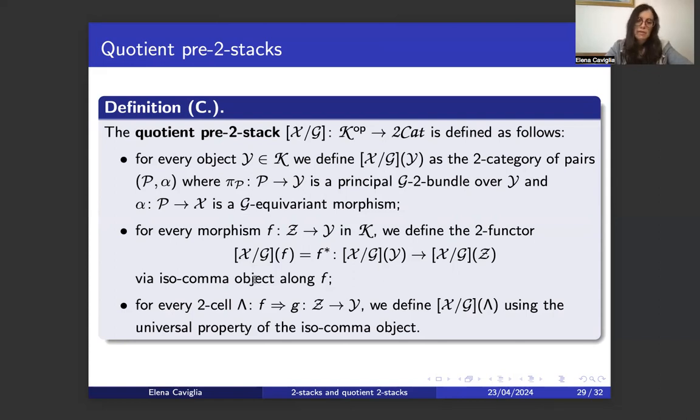And then for every morphism, we can define the action of X over G via isocomma object. And we can also define the action on 2-cells using the universal property of the isocomma object. And here, we really need to have a 2-1 category. Otherwise this doesn't work. We cannot define the action on morphisms and 2-cells if we just have a 2-category.